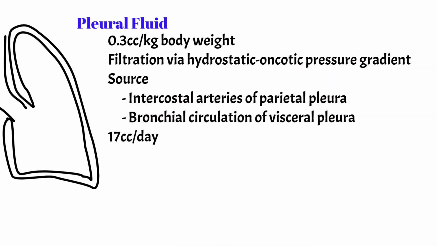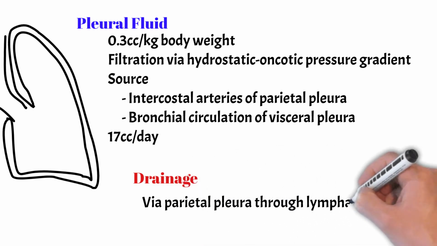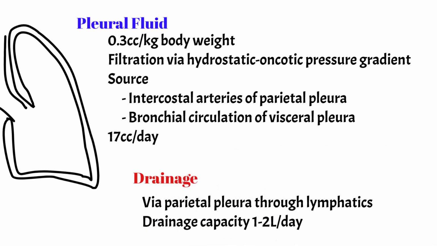The total amount of fluid that is poured into the pleural space on a daily basis is around 17 cc's. That fluid is drained via the parietal pleural lymphatics with a drainage capacity of 1 to 2 liters per day, which is several fold the amount of pleural fluid being produced on a daily basis.